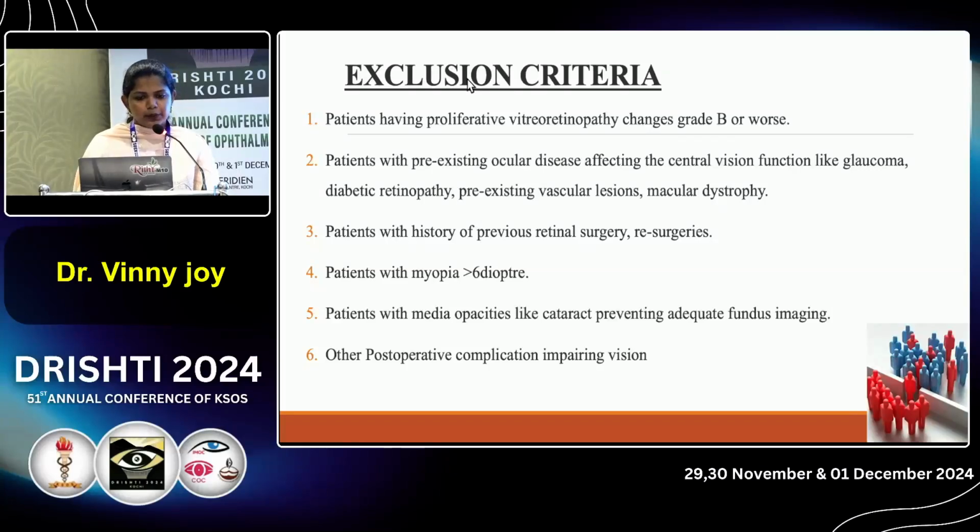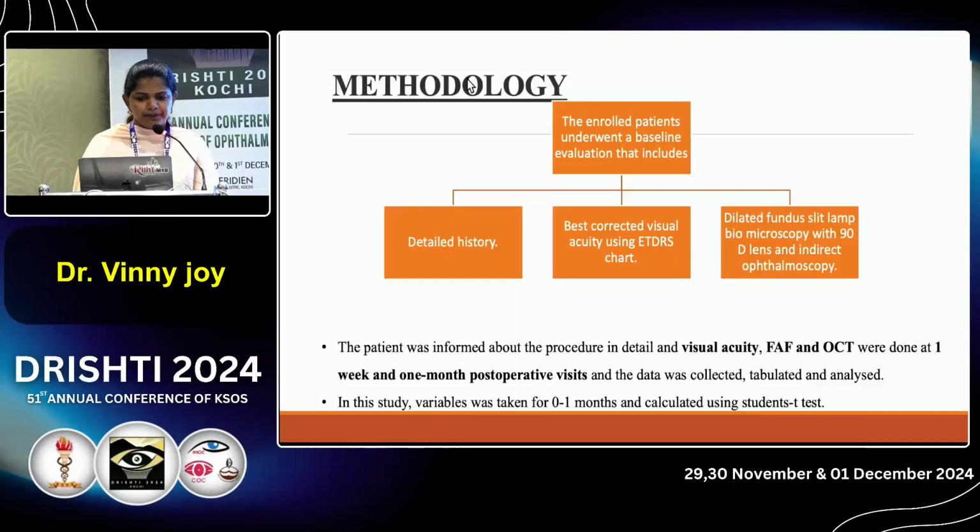Exclusion criteria include patients having proliferative vitreoretinopathy changes grade B or worse, patients with pre-existing ocular diseases like glaucoma, diabetic retinopathy, etc., patients with history of previous retinal surgery or resurgeries, high myopes, patients with media opacities, and other postoperative complications impairing vision.